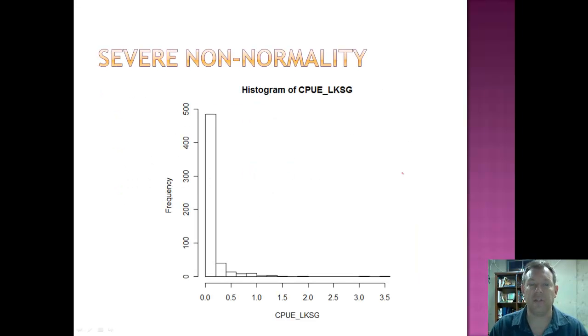This is the catch data from one of our lake sturgeon studies. CPUE is catch per unit of effort, and this is for lake sturgeon, which are a type of fish.